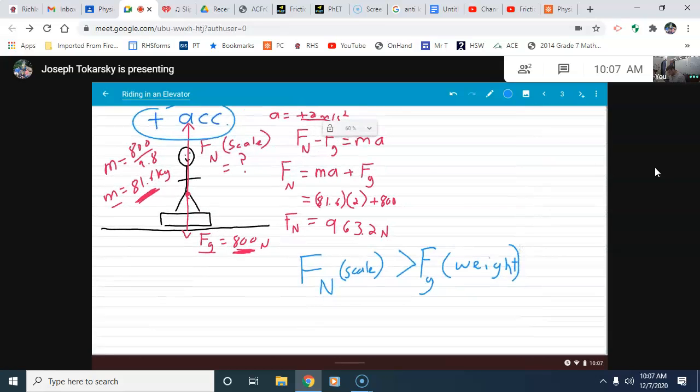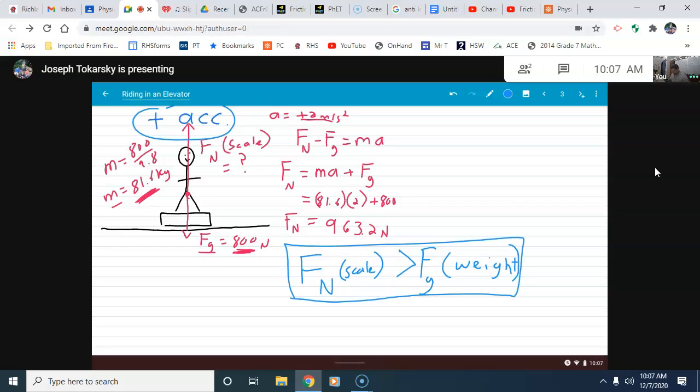So the big concept that you really want to remember here is that when you're undergoing a positive vertical acceleration in an elevator, you feel heavier. How much heavier? That's where the math comes in. In this particular case, accelerating at positive 2 meters per second squared, an 800 Newton person, which, by the way, would be reasonably close to a 200-pound person, would feel like they're 963.2 newtons.